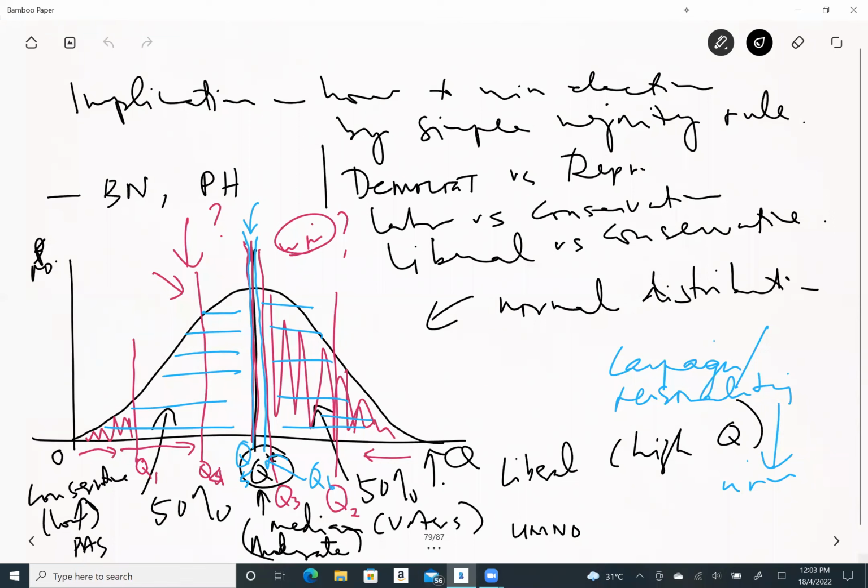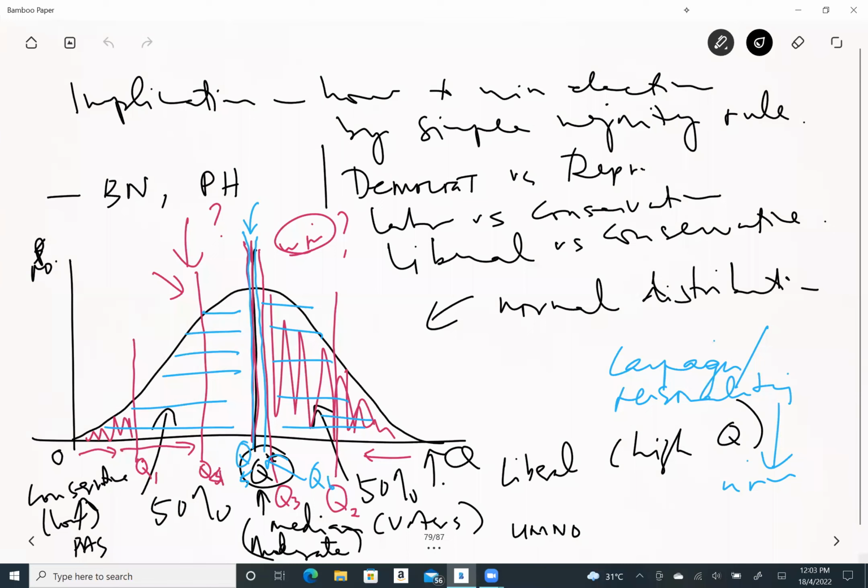It will be to take a stand on the amount of Q closer to the median. So that is our argument. If you want to win the election, you have to make a stand closer to the middle, the median.